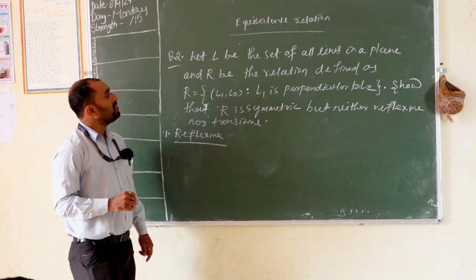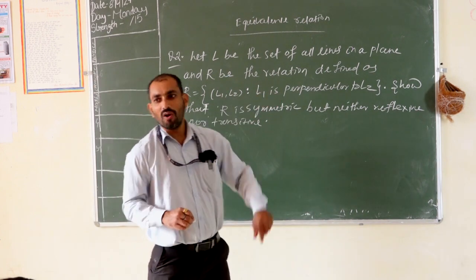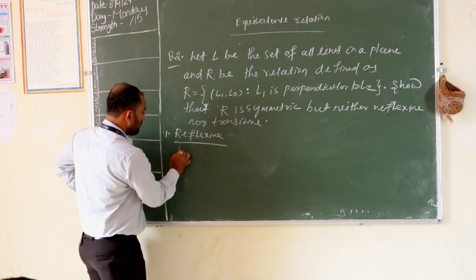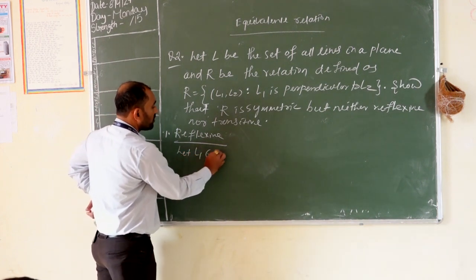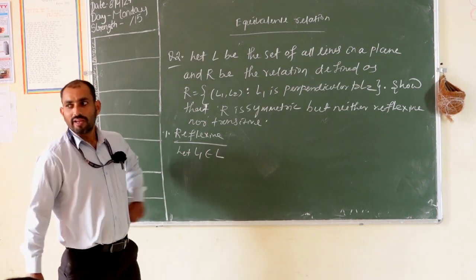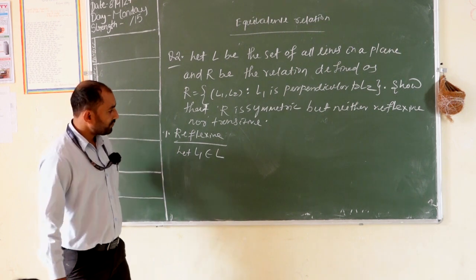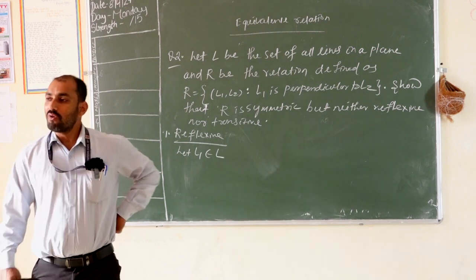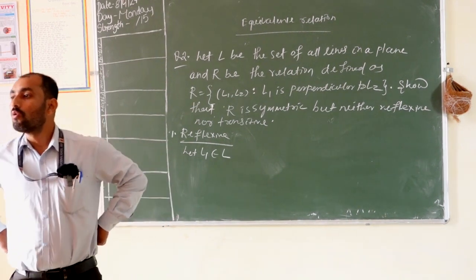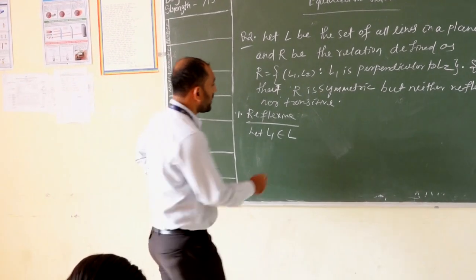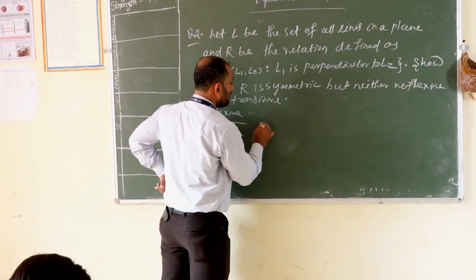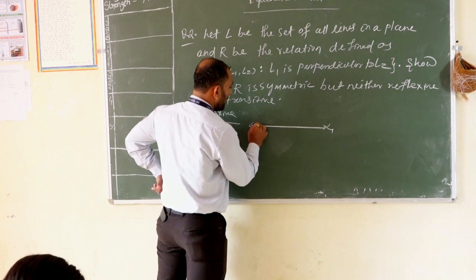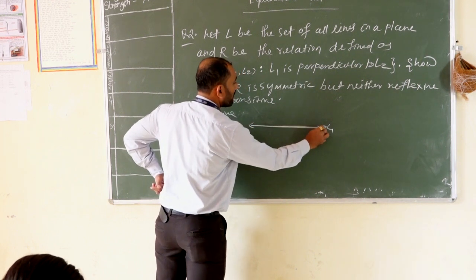L is the set of all lines in a plane. You can take any line. Let L1 belong to L. Is every line perpendicular to itself? कोई भी लाइन के ऊपर रह गया. If a line here is L1, you can take another line also L1.